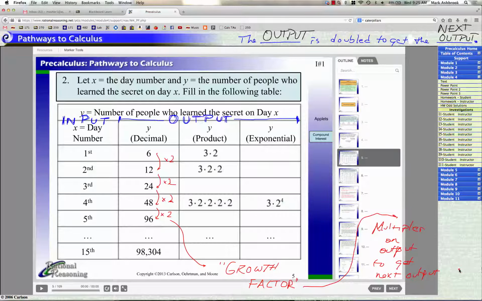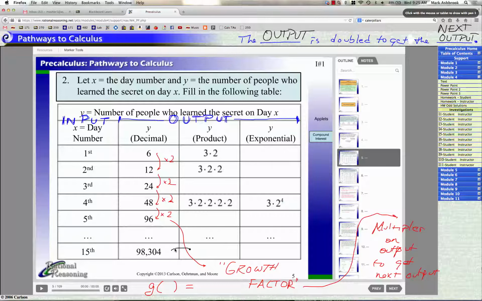Okay, so let's write the function. I'm going to write a function, it's the secret function, so we'll call it g. So before we do that, this number 98304, what's the product notation?